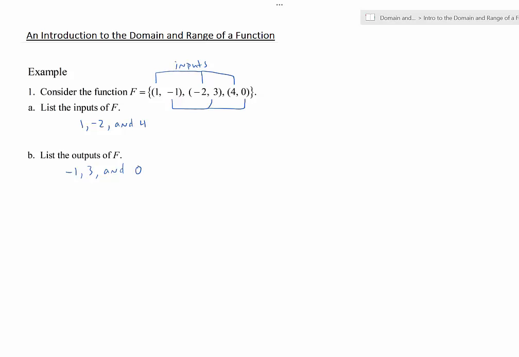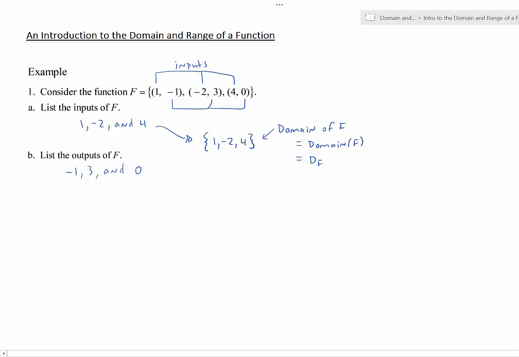So in that part A there, when we listed the inputs, if we went ahead and actually wrote it as a set, the set {1, -2, 4}, that set is our domain of the function here, F. We can also write that as domain of F or D sub F. Correspondingly, the outputs that we listed, -1, 3, and 0, as a set, that set is our range of the function big F, or if you prefer, range of F, or R sub F.